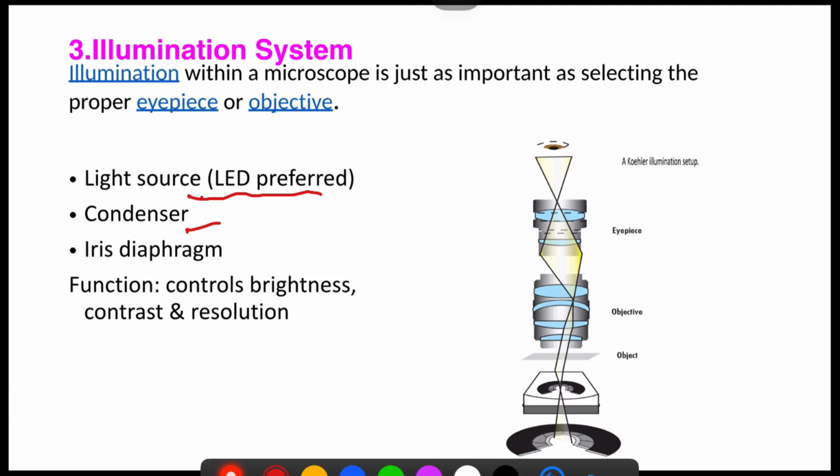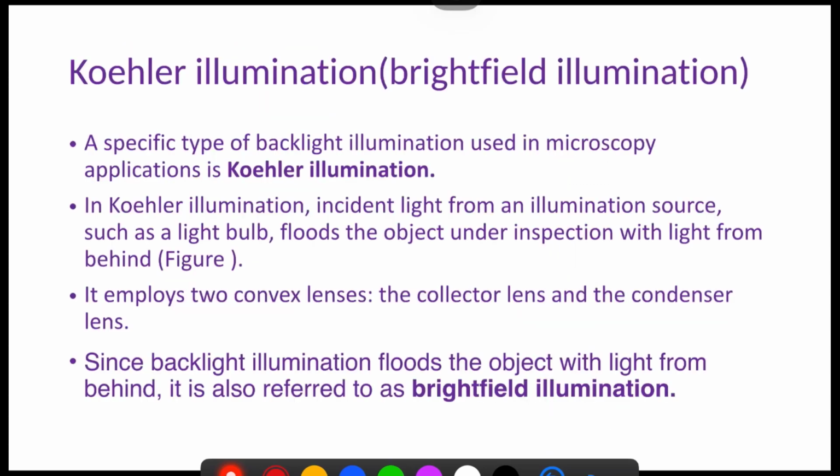Its function is to control brightness, contrast and resolution. So we have seen this objective and eyepiece. Now illumination consists of this part. So this is condenser and illumination, and this is the color illumination setup where you find both the systems.